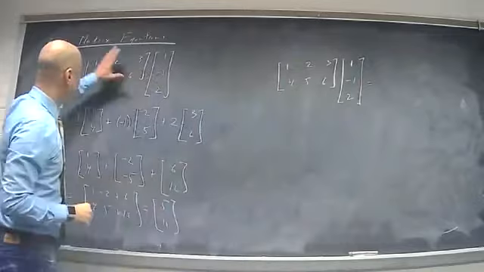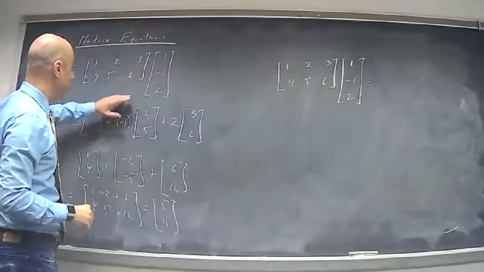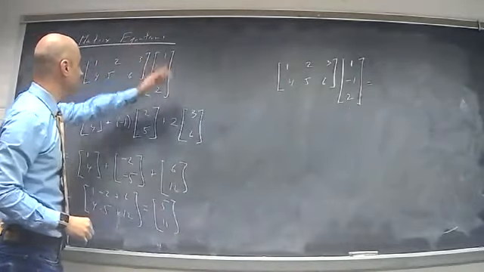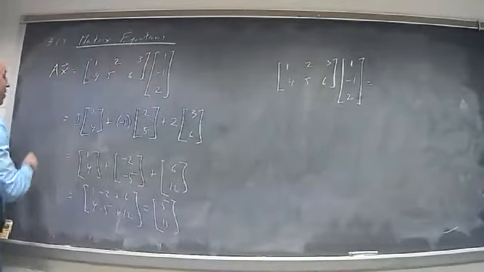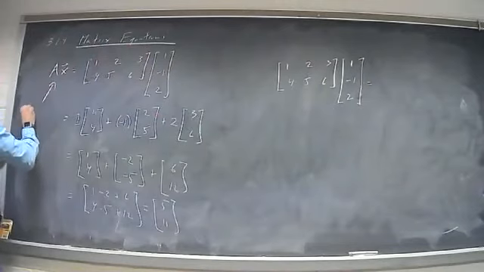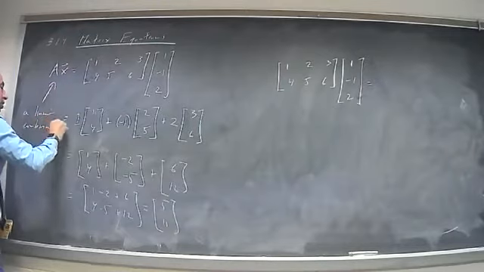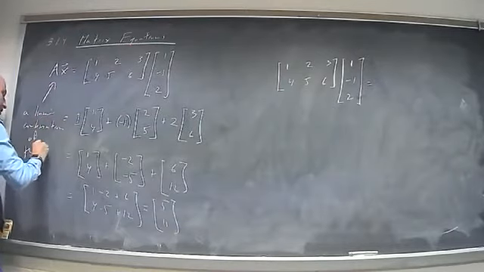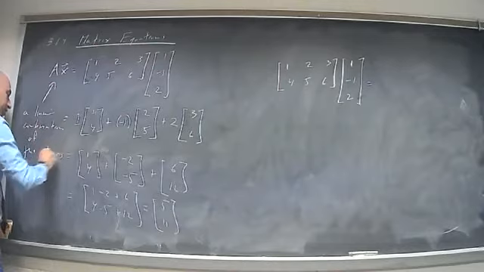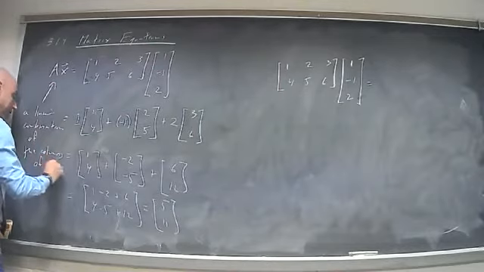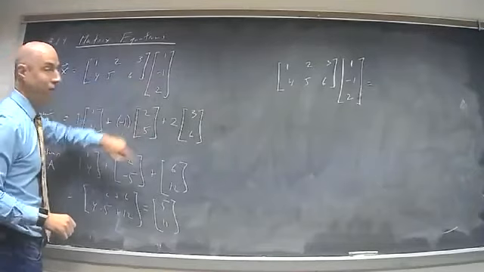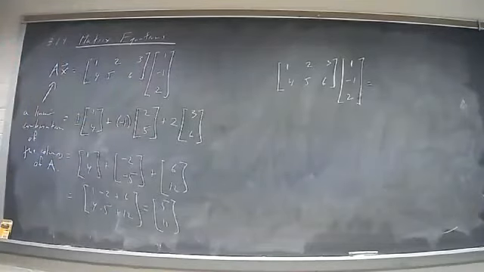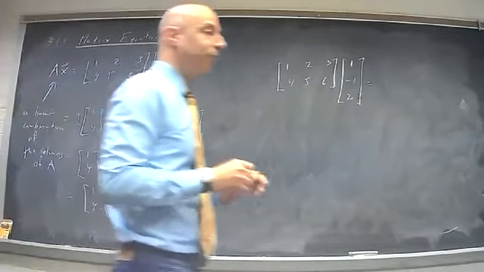You're just taking a linear combination of the columns of A. That's important. And the coefficients that you use in front of the columns are just the entries of your vector. That's important. But that's not how I actually do this.